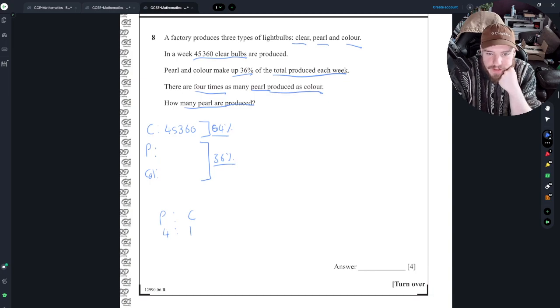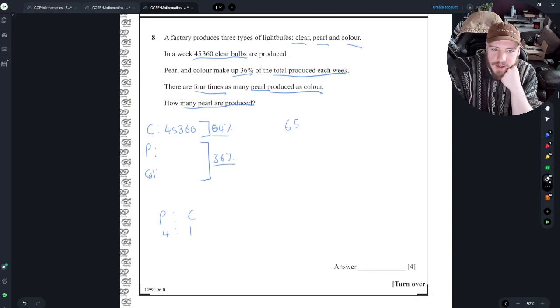Okay. So if I find out what 1% is, give me a sec. I've just written that wrong. So 45360 divided by 64, that would give me what 1% is equal to.